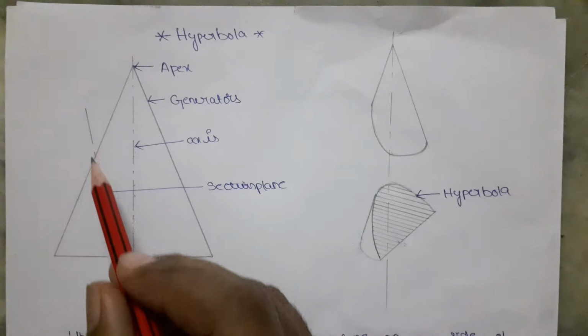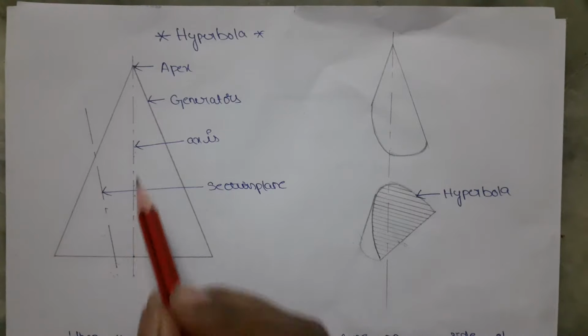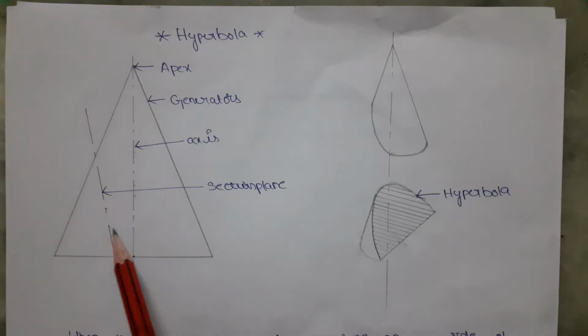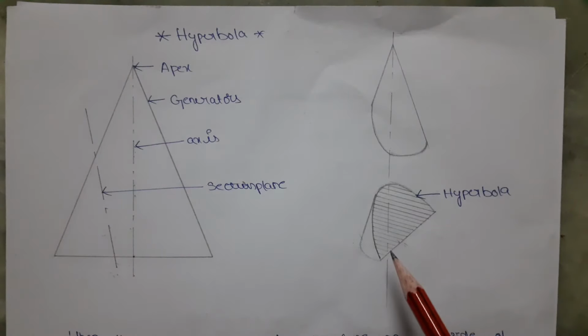If you cut the cone using a section plane before the axis, that means your section plane should not intersect with the axis. It should not touch your axis, and should cut before the axis line. Here the obtained geometry will be in the shape of a hyperbola.